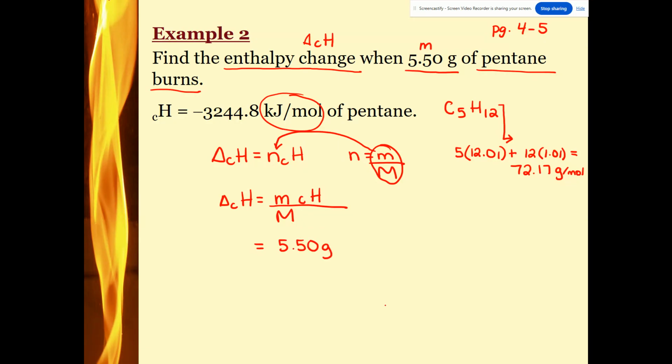So I'm going to input my values. I have 5.50 grams times my molar enthalpy of negative 3244.8 kilojoules per mole. So that means the mole is on the bottom. I also have a number on the bottom, 72.17 grams per mole. Now I mentioned this in another video, and you don't have to do this, but this is something that I like to do for unit analysis.